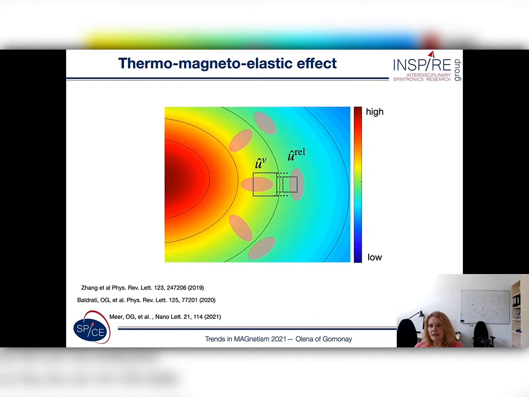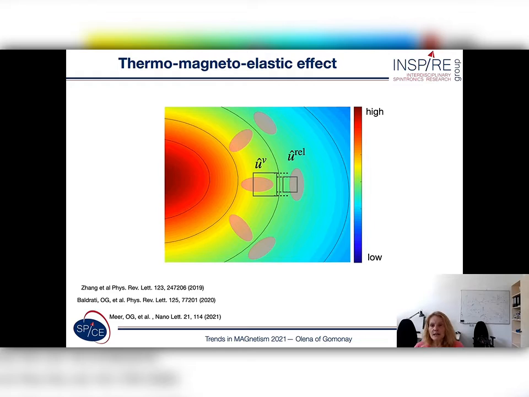In this case, the hot and the cold regions of the sample would expand in different ways. The lattice expansion is shown here by squares, and the edges of these squares are different. At the interface between hot and cold regions, these strains are not compatible.